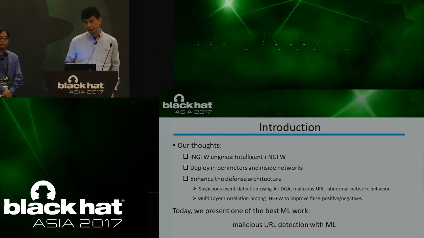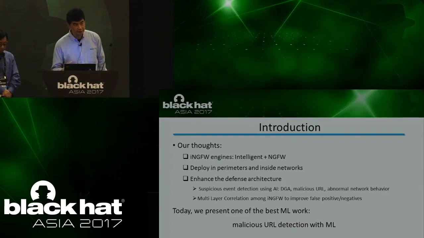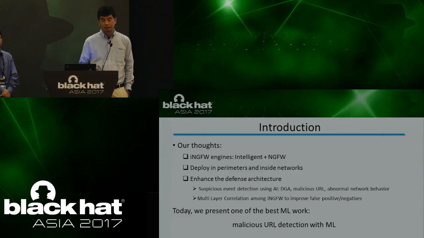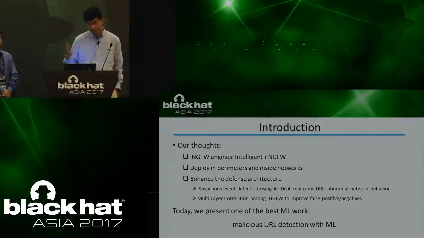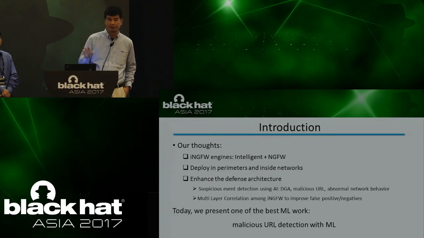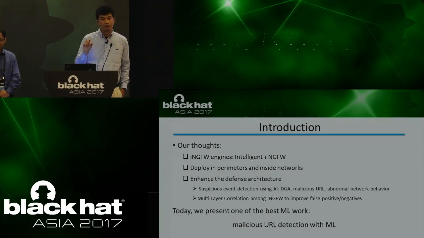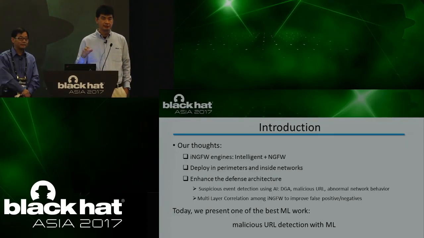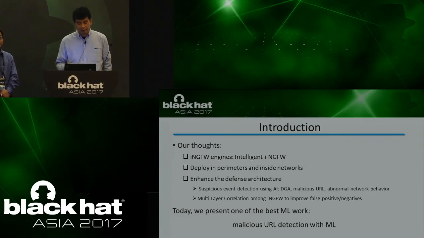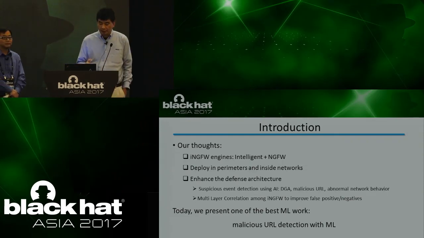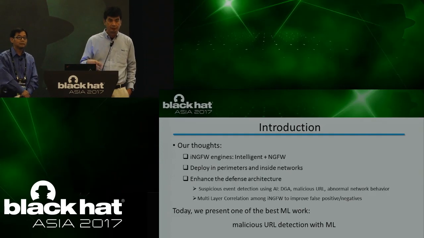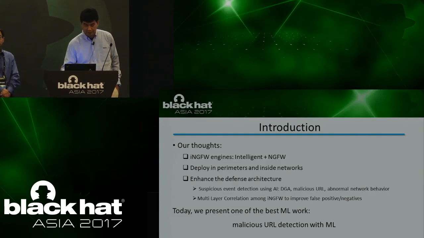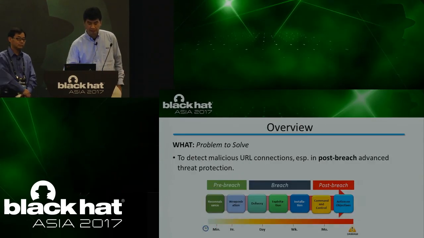The purpose is to reduce false negatives and false positives. But that's the overall picture. Today we are focused on one key thing: what we did this year is use machine learning to detect malicious and unknown URLs. So let me pass to Haodong, who will continue to give the details.